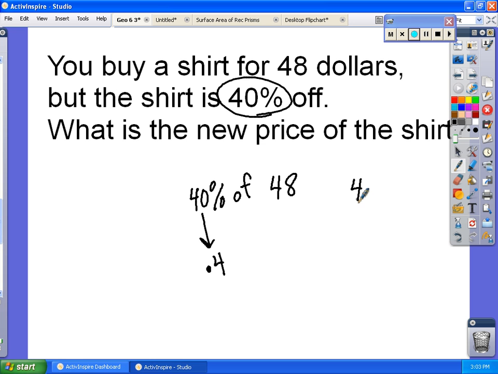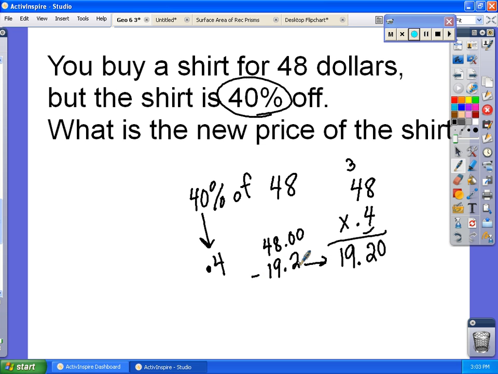And then if you do 48 times 0.4, you get, one decimal place, 19.2, which would be, if I add a 0, $19.20. So if I want to know the new price of the shirt, this was the amount that you take off of the shirt. So I do 48.00 minus 19.20.